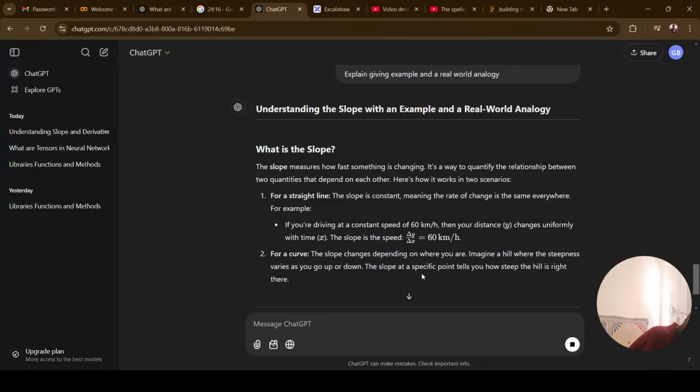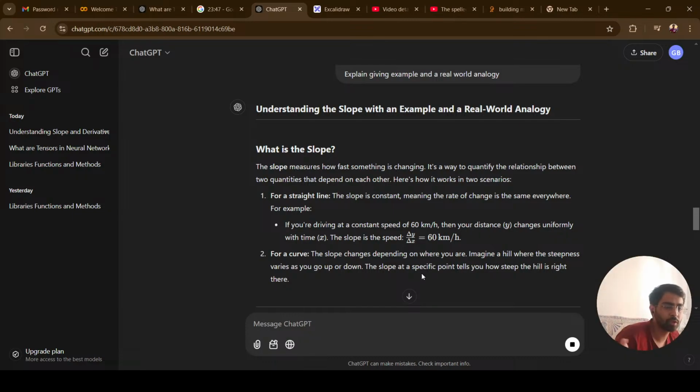But see, the thing is, it says that for a straight line, the slope is easier to calculate. It means the slope is delta y by delta x. It's just the final coordinates of y minus the initial coordinates of y, upon the final coordinates of x minus the initial coordinates of x.